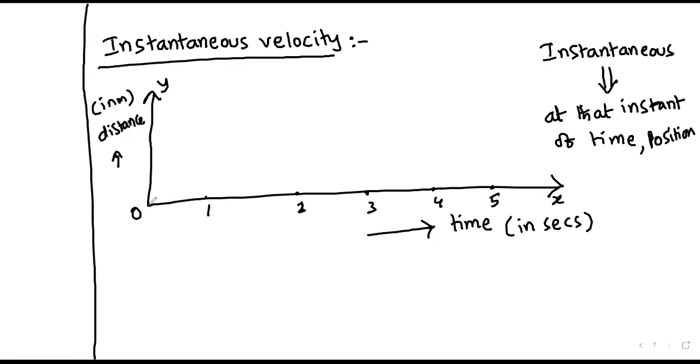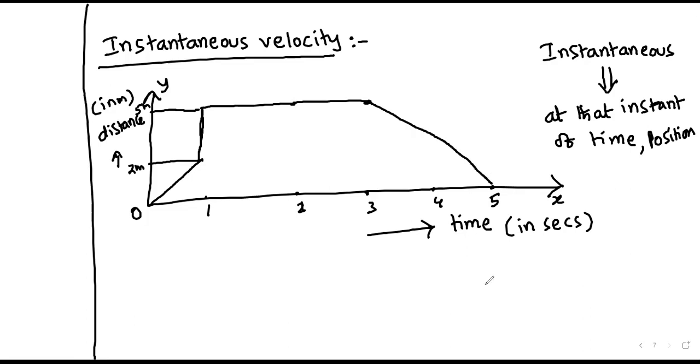If a particle starts from the origin, up to 1 second it travels a distance of, suppose, 2 meters. From 1 second to 2 seconds, it increases its distance, suppose to 5 meters. From 2 seconds to 3 seconds, again it travels the same distance, constant. And from 3 to 5, at 5 seconds it comes to rest.